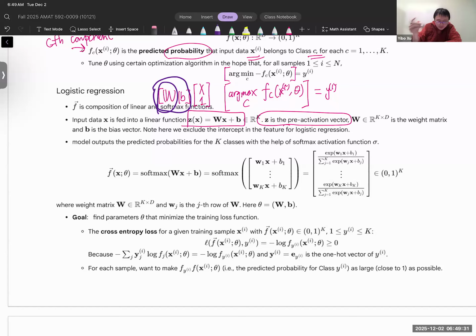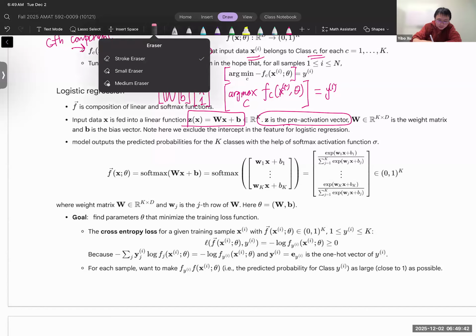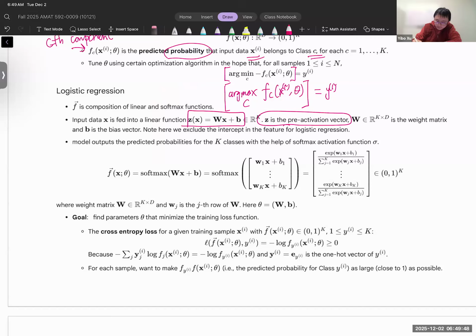But here it's sort of the opposite way of thinking. Earlier we had to augment a column of ones with the data x, but here we are not going to do that anymore. So we separate the bias from the weight matrix. W is the weight matrix, b is the bias.